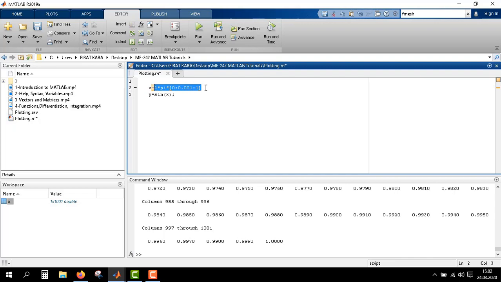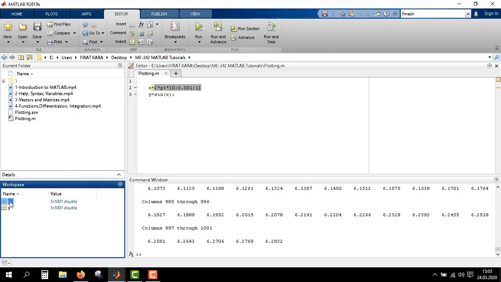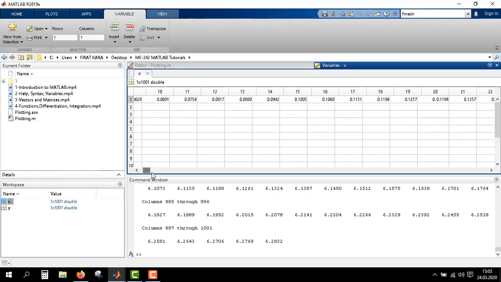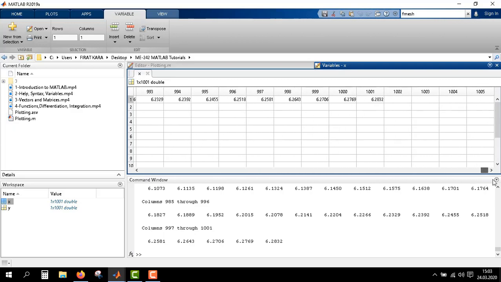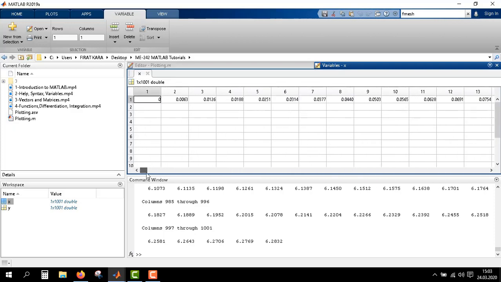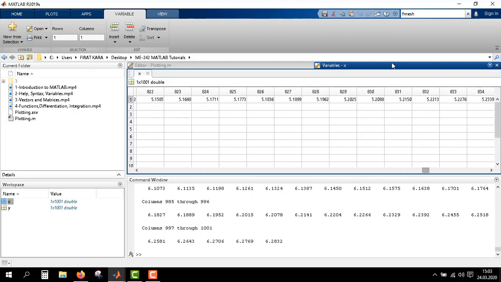I make this scalar multiplication because now I'm going to get a vector which has boundaries from 0 to 360 degrees, but it's in radians, as you see.